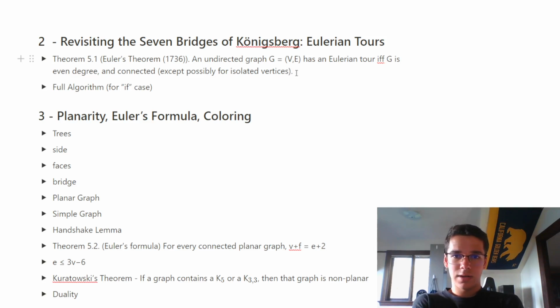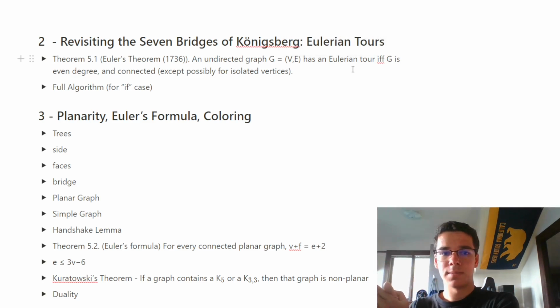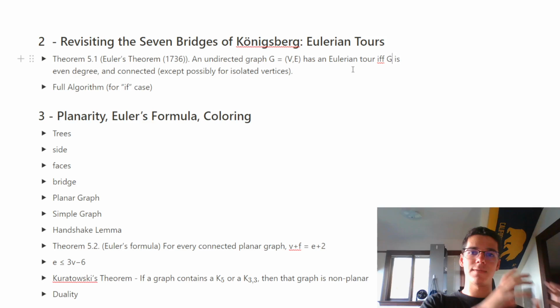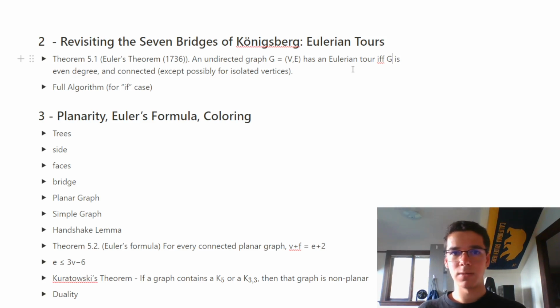When we say if and only if, we're going to have to prove both directions, meaning if there's an Eulerian tour in G, then the graph has nodes that are all of even degree and connected. And then we're also going to say if there is a graph that has nodes that are all of even degree and they're connected, then you can perform an Eulerian tour on the graph.